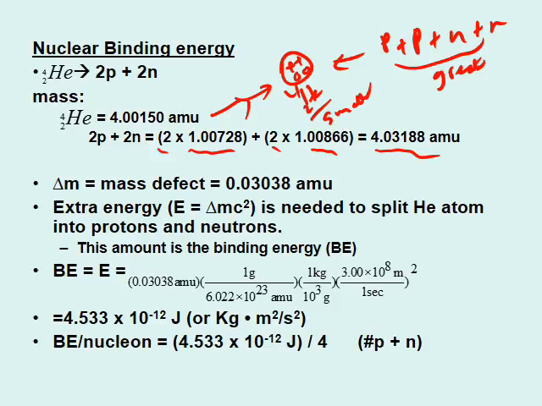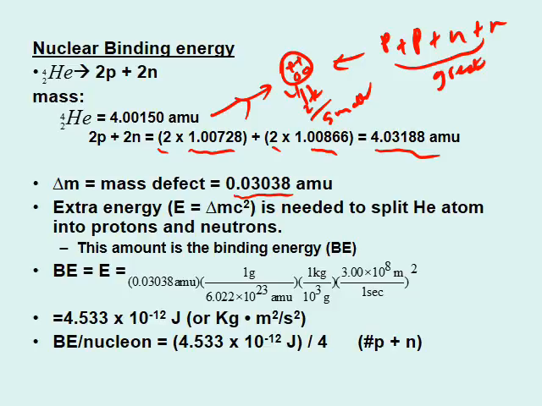So what it means is, as these 2 protons and 2 neutrons are combined in a small nuclear volume, a part of the mass disappears, and we call it the mass defect. So by subtracting these masses, you're going to get 0.03038 atomic mass unit.